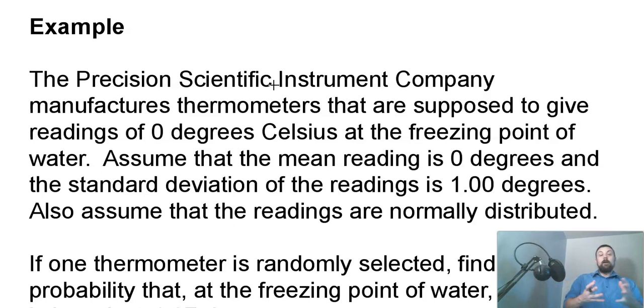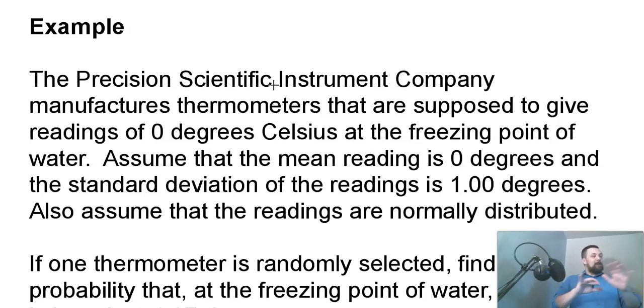So here's a scenario that this textbook concocts so that we have a standard normal distribution in a natural way. So we're not having to convert to z-scores here. The situation is just naturally a standard normal distribution. The Precision Scientific Instrument Company manufactures thermometers that are supposed to give readings of 0 degrees Celsius at the freezing point of water, because 0 degrees is the freezing point of water.